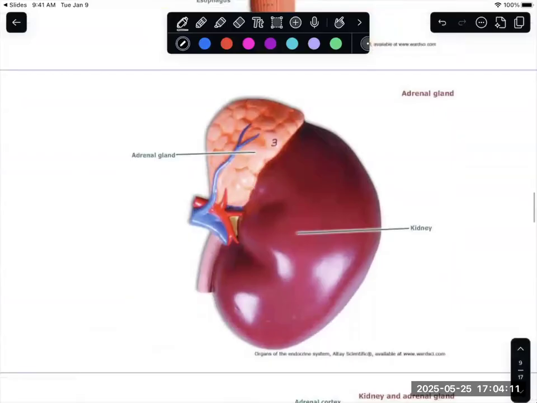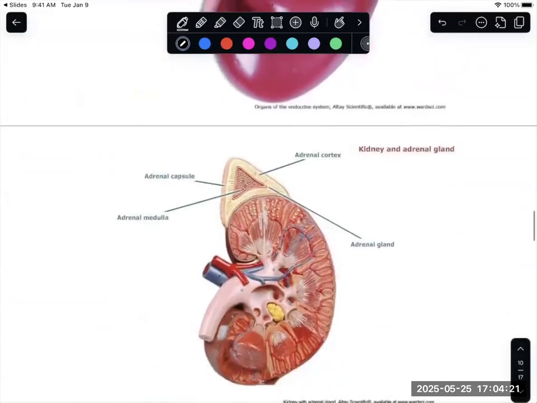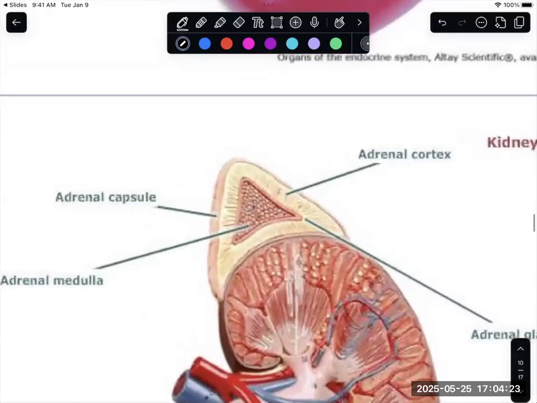Here's another adrenal gland, another image of this one. So you can see it's kind of this little hat that's sitting on top of this kidney here. Here we can see the different layers. Come in a little bit. You can see that cortex on the outside, that medulla on the inside.